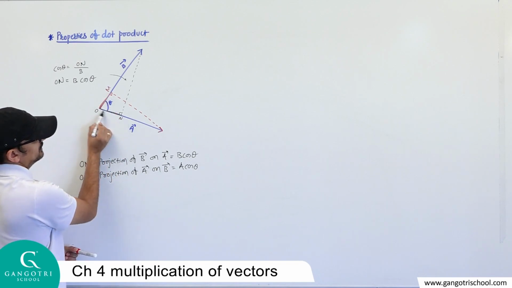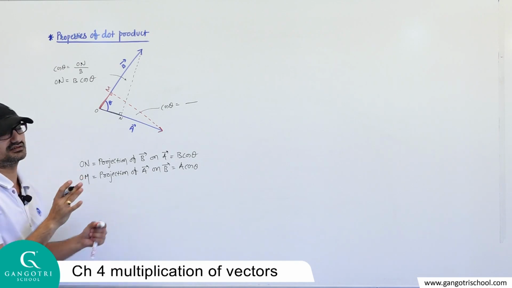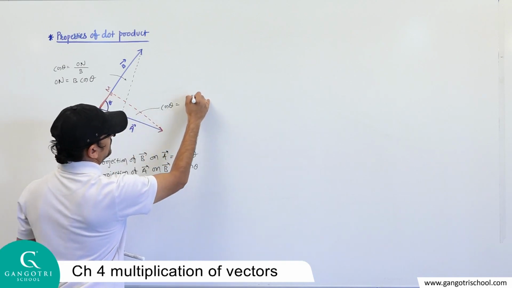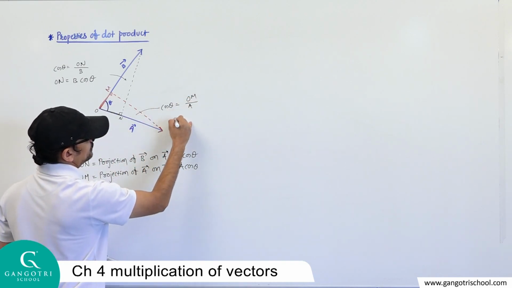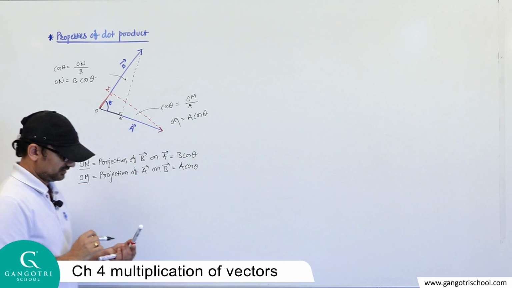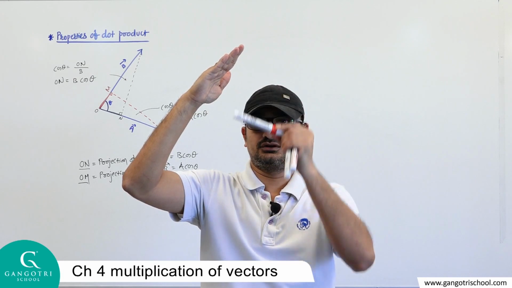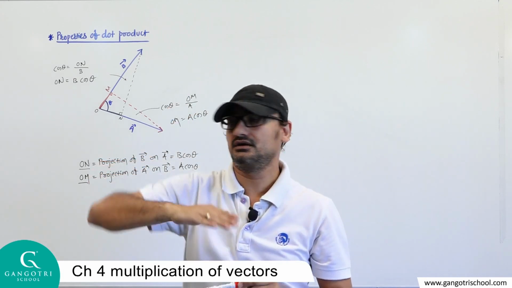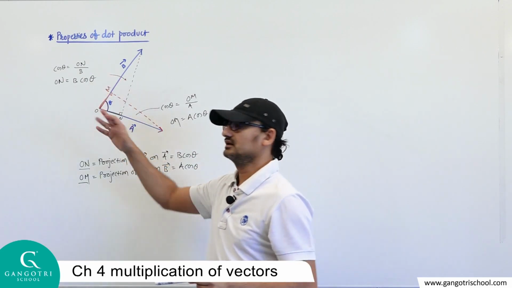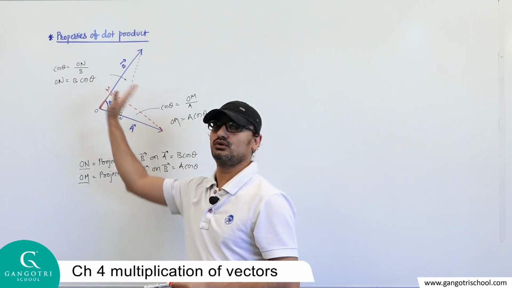In this triangle, cos is equal to adjacent side upon hypotenuse. So for this angle, the adjacent side is OM and the hypotenuse is A. So OM is equal to A cos theta. ON is the projection of B on A, OM is the projection of A on B.